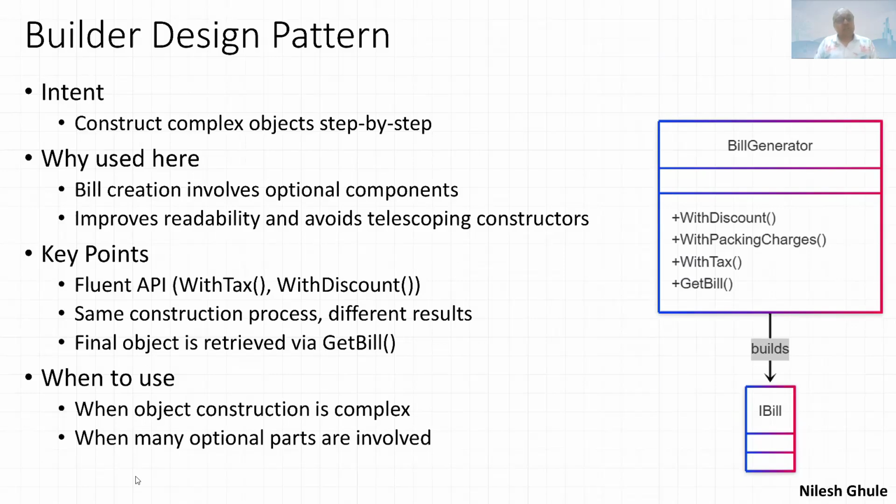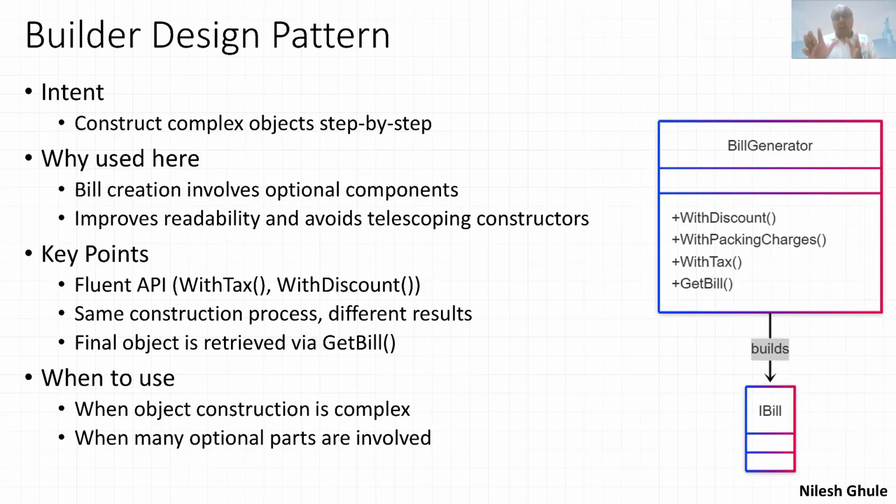The builder design pattern is used for the construction of complex objects where certain optional parts are involved. Before I finish my discussion on the builder design pattern, let me tell you that in this implementation, I have used a combination of decorator plus builder design pattern. However, you can go for the builder design pattern alone without the decorator. What is important is that you want to create the object step by step with the optional parts.